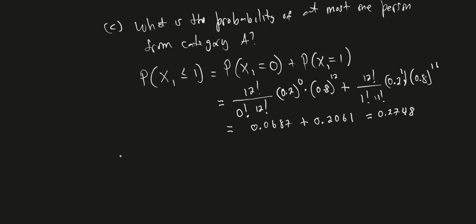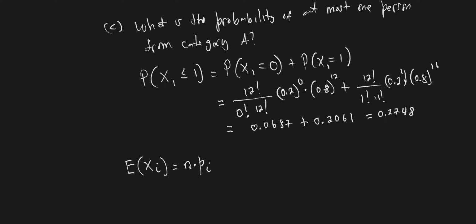So I'll state it like this: the expected value of the ith variable is equal to n times p sub i.